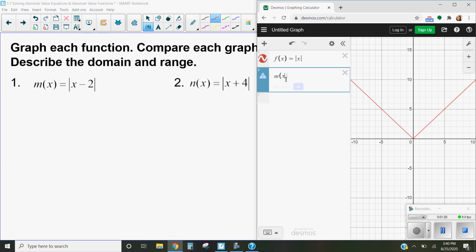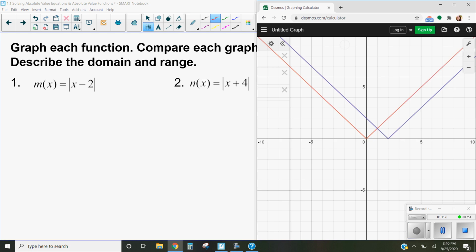So I'm going to do m of x equals the absolute value of x minus 2. And remember to keep that x minus 2 within our absolute value. Now notice what happened here. When it says x minus 2, we went from a vertex of 0, 0 over to a vertex of 2, 0.